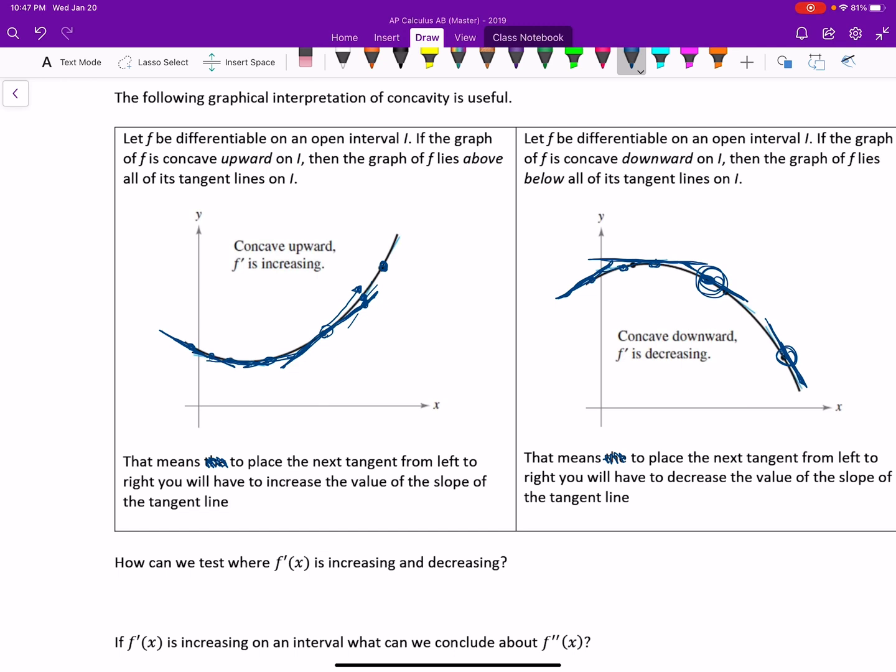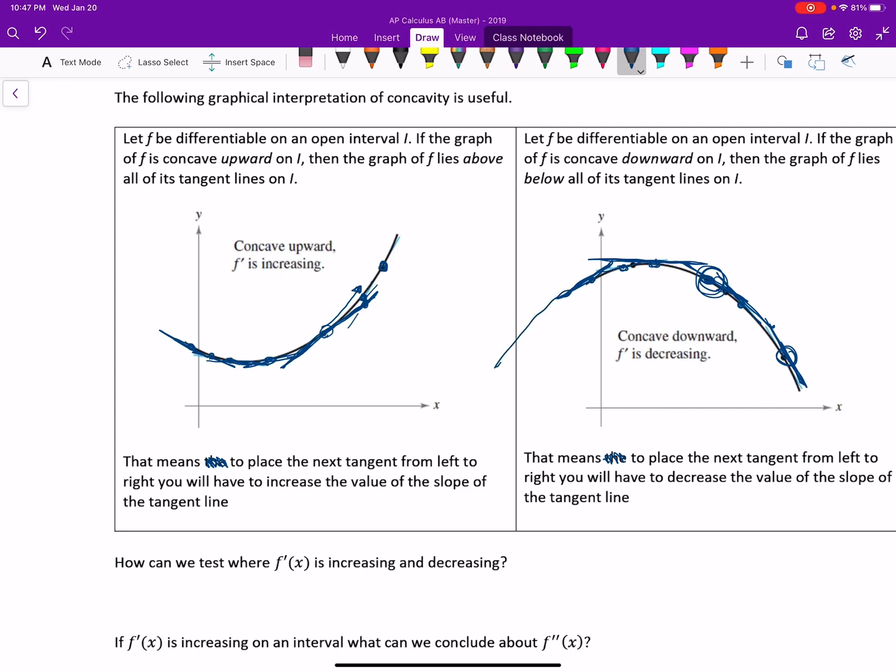That's because the next point of tangency is going to be below the previous line of tangency, so we end up with a steeper function as we go on this side, and that means we're decreasing through the function. Over here it's the same thing.